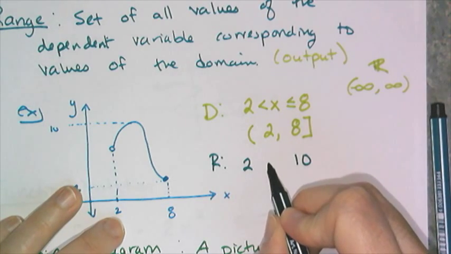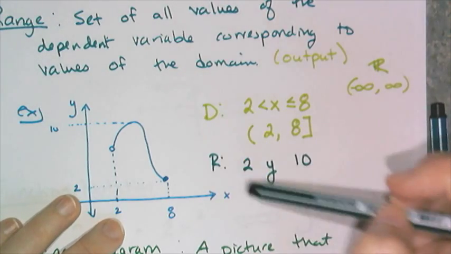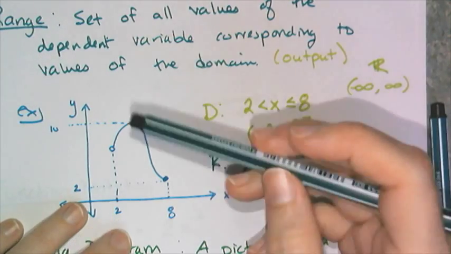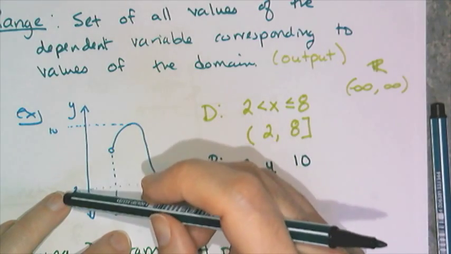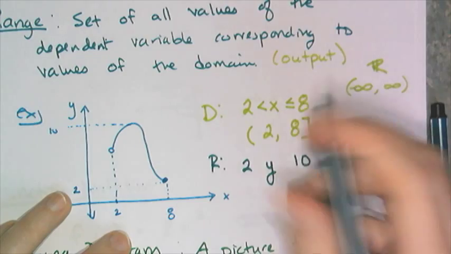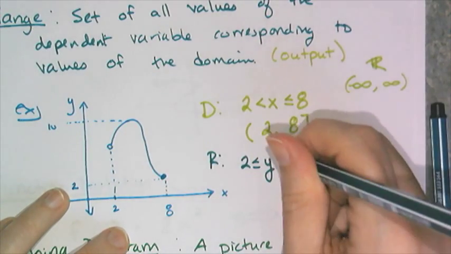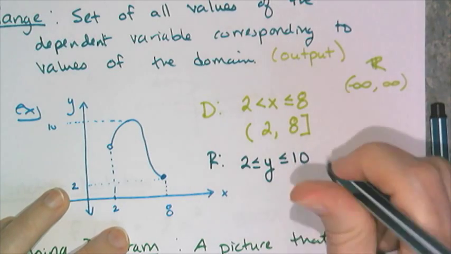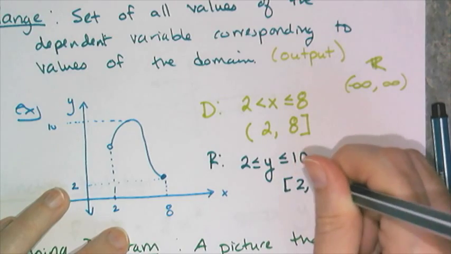And since it's range, it's got to be the y values that change, not the x values. It's y for range. And then I look at the inclusivity of these two values. So at 2, it's included, so it's less than or equal to. And at 10, it's also included, and it's less than or equal to. And writing this in interval notation, it is an inclusive 2 to 10.